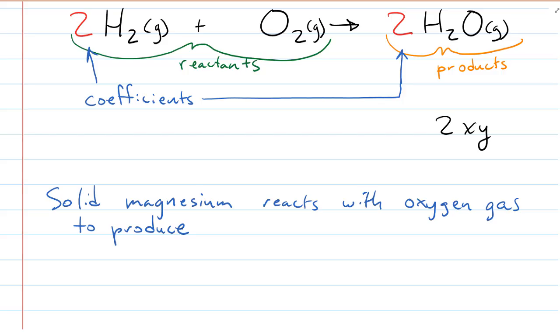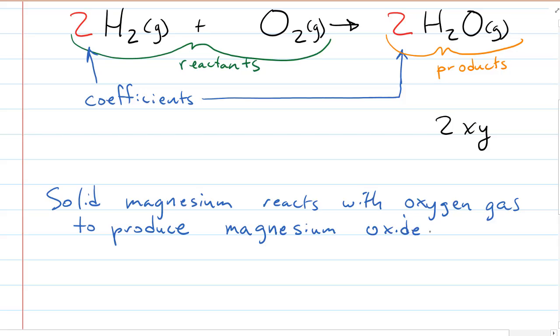So again, solid magnesium reacts with oxygen gas to produce magnesium oxide. And what phase is that magnesium oxide in? This here's a solid, right? So we could say it reacted to produce solid magnesium oxide, or we could put magnesium oxide, solid.